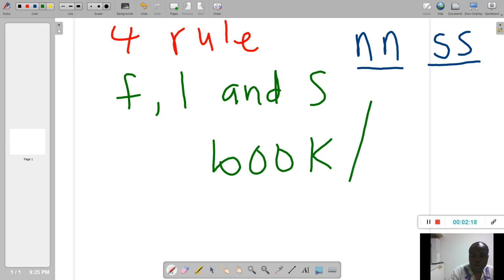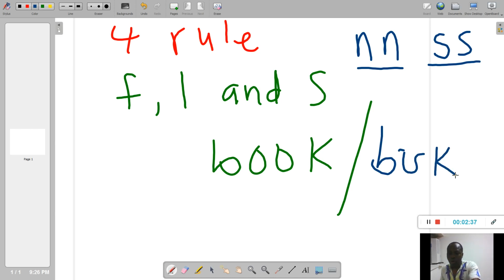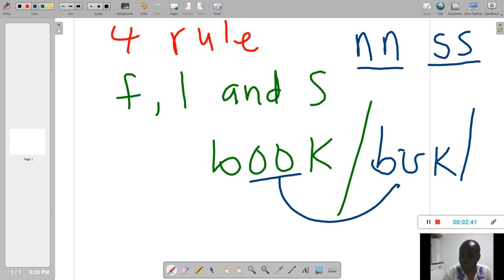If I write the IPA, it's going to be B, then the short vowel, then K. If you look at this, it has 2 vowel letters, but it doesn't make it a 2-syllable word. It's a 1-syllable word, book. In a word, the vowels that you pronounce count as syllables, not the vowels you cannot pronounce.